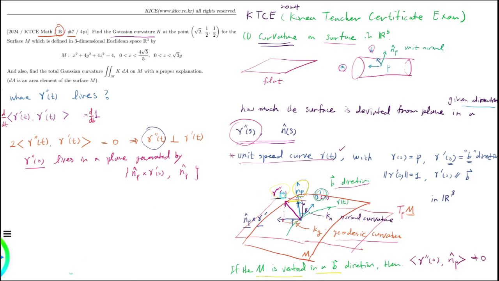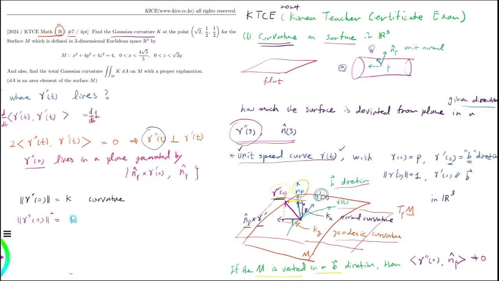Okay, so in the unit speed curve case, the norm of its second derivative gives information of the curve, which is called the curvature K, and we can separate this curvature into two parts here.